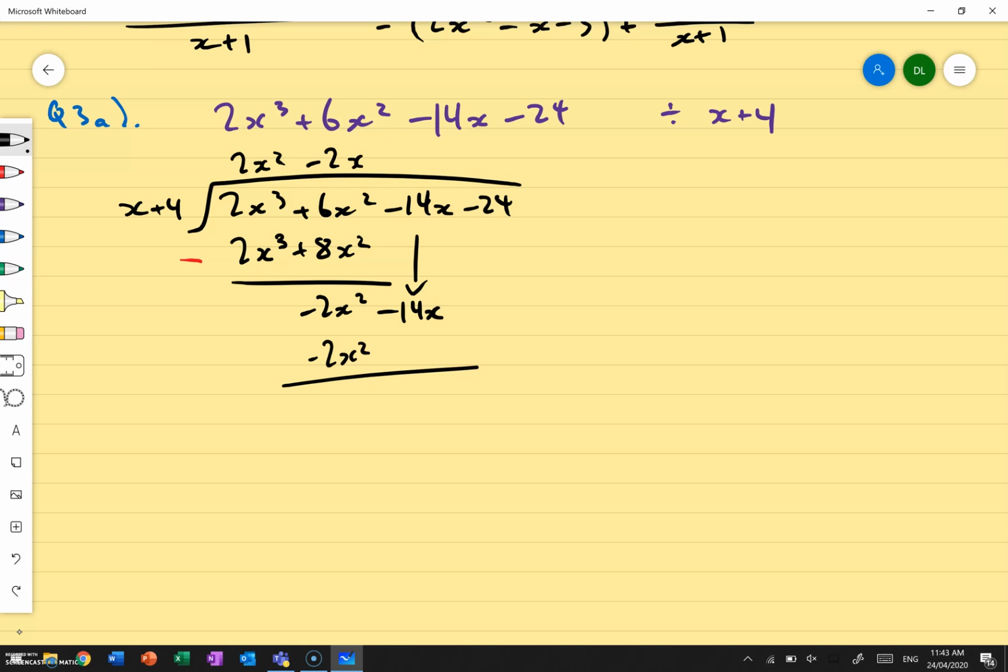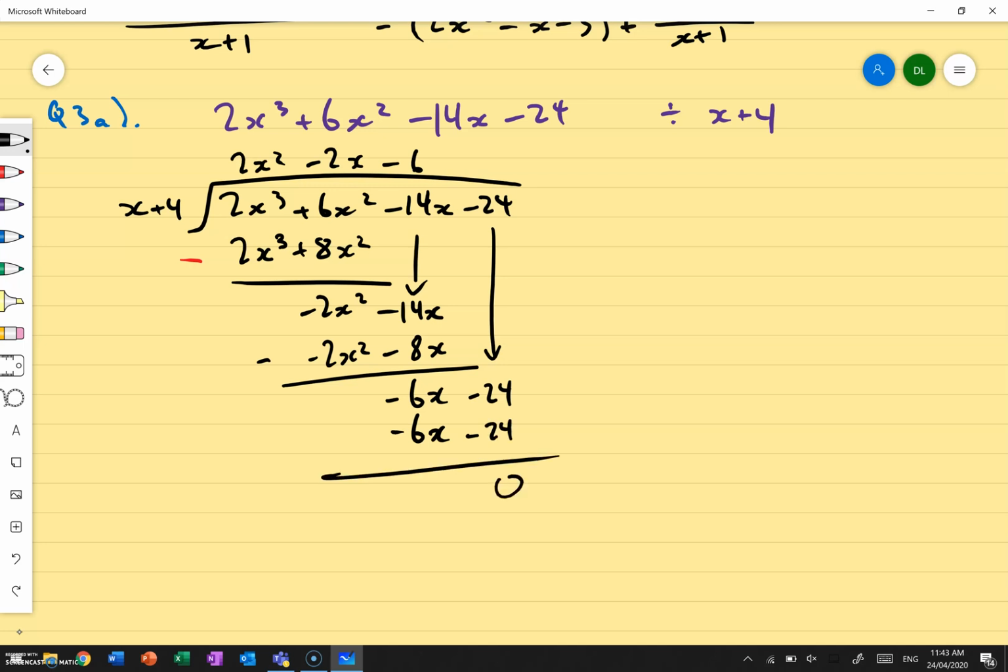And I think, what's 4 times negative 2x? That's negative 8x. Once again, it's a negative. So negative 14x minus 8x gives me negative 6x. I bring down the negative 24. What do I multiply x by to get to negative 6x? Minus 6. So negative 6x here. Positive 4 times negative 6 gives me negative 24.